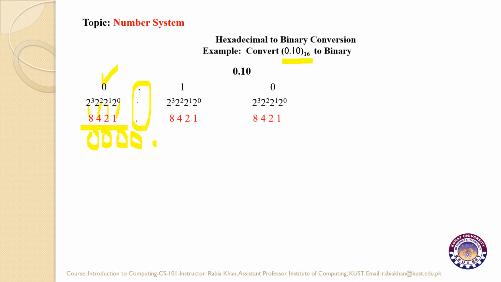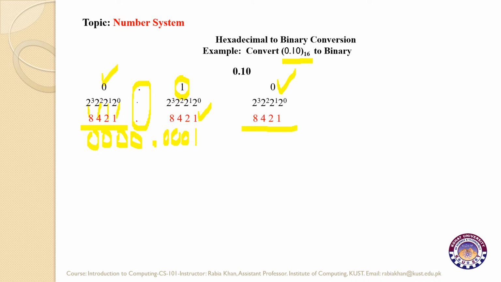Now, which bits would be required to generate 1? That binary digit will be on while the rest will be switched off. So here you can see only the first digit is enough to generate 1. So the first digit will remain on while the rest of the 3 will be off. Similarly, again there is 0. So which bit requires to remain on to generate 0?